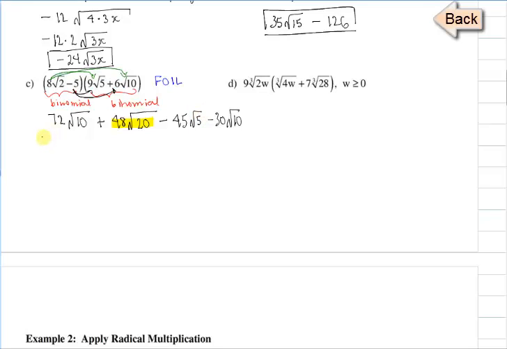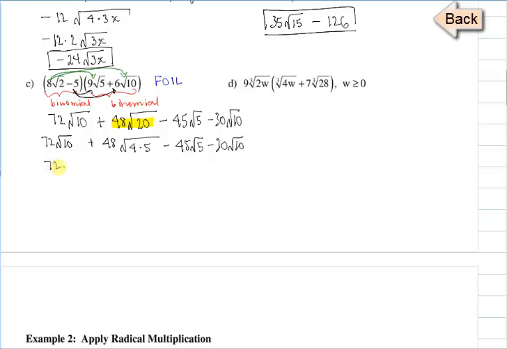So we're going to leave 72 root 10, and then we're going to go plus 48, and then using the perfect square method, the largest square that fits into 20 is 4, so that's going to be 4 times 5. And then minus 45 square root of 5 minus 30 square root of 10.